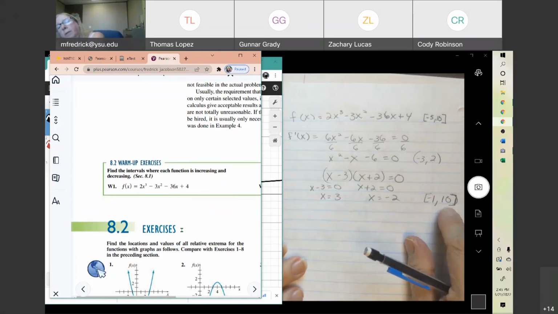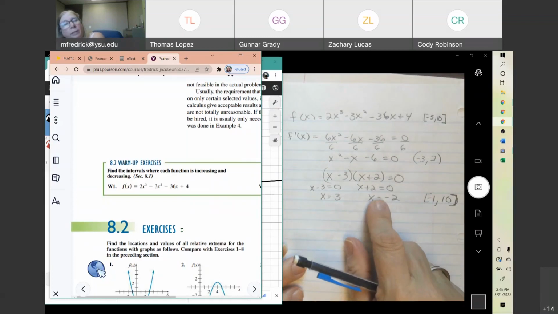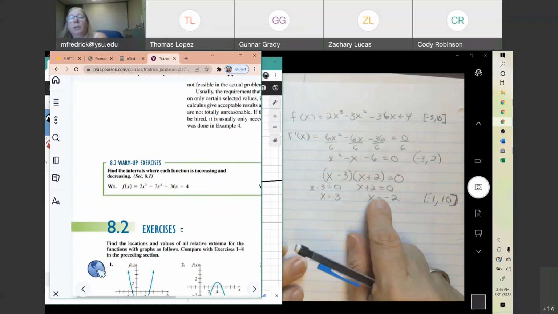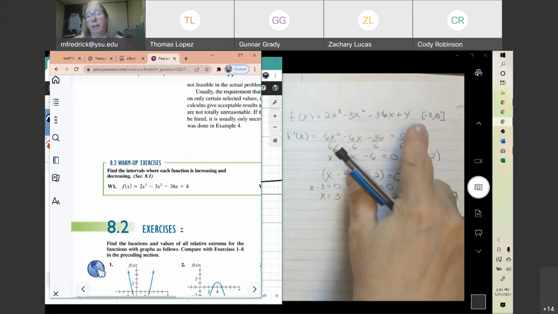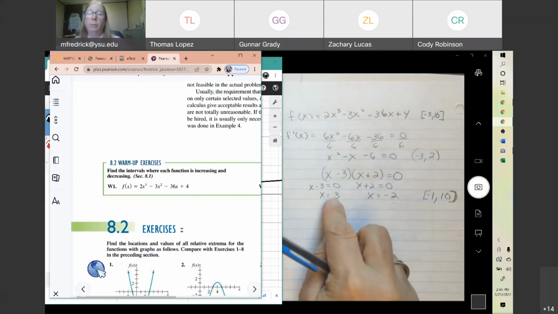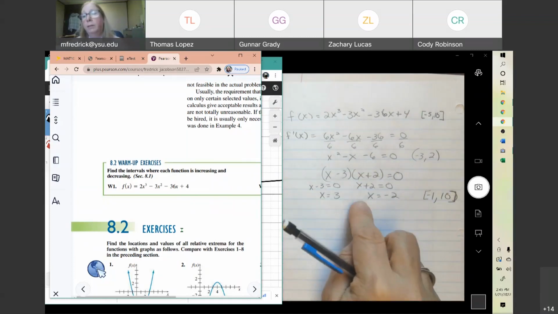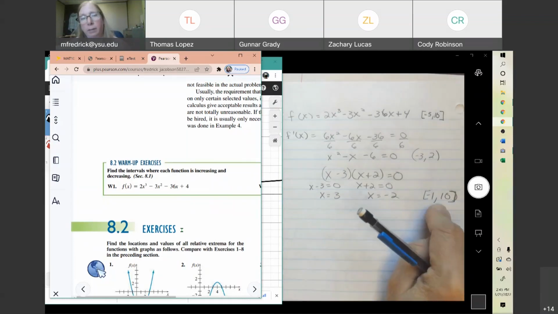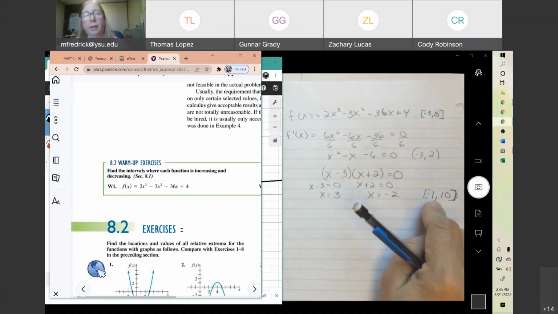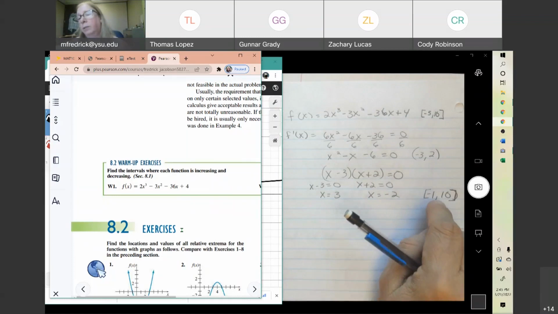And if it went -1 to 10, then this one wouldn't be included in your critical numbers. So anytime you're given endpoints and you're finding critical numbers, you only use the ones in the domain. So you want to be careful of that. Is there any questions on that?